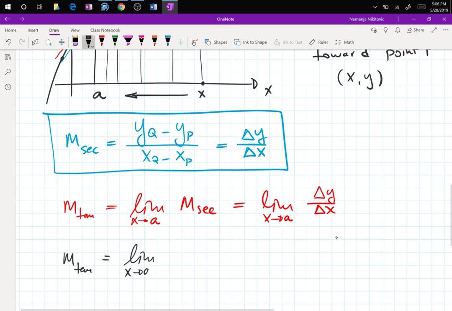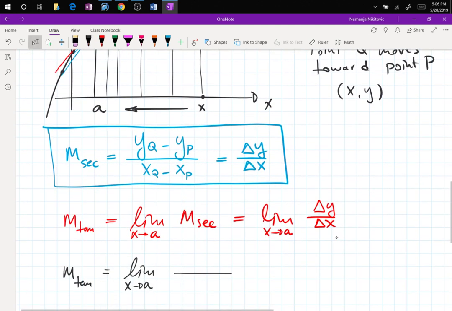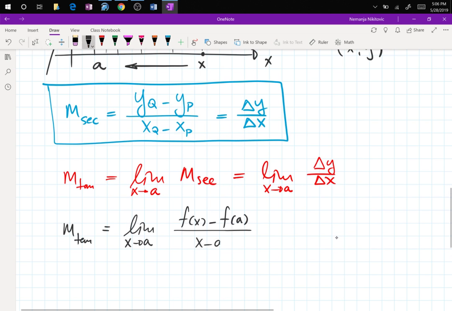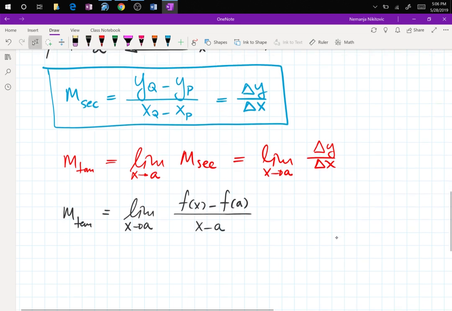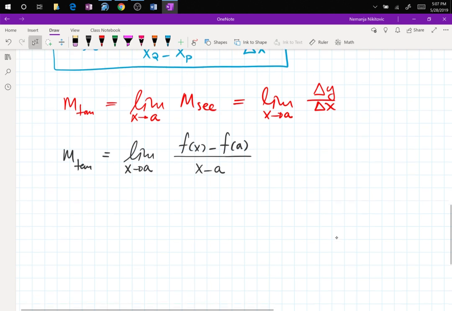Limit x goes to a, and now for y's I need to put f of x minus f of a divided by x minus a. So this is a formula, and this one would calculate the slope of the red line.